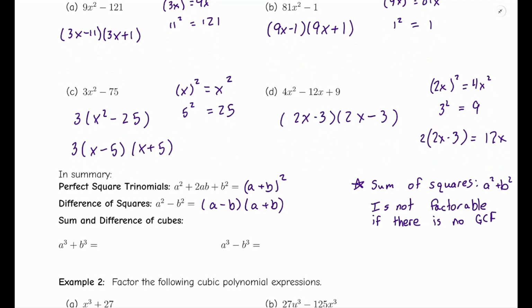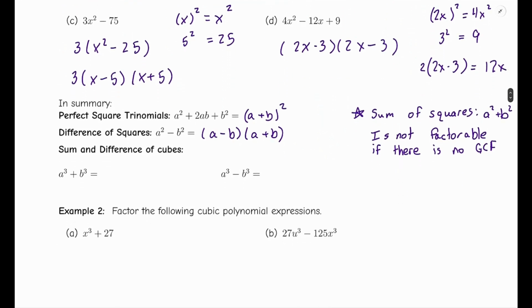Sum and difference of cubes. Well, a cubed plus b cubed will factor as a plus b times a squared minus ab plus b squared. And a cubed minus b cubed will factor as a minus b times a squared plus ab plus b squared.